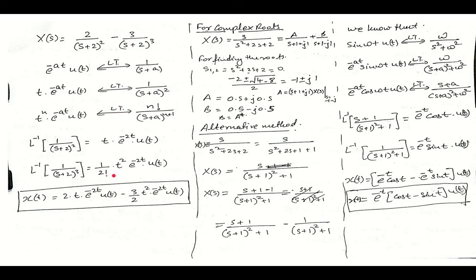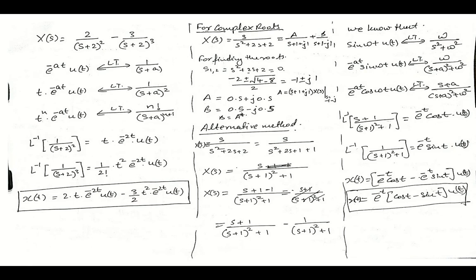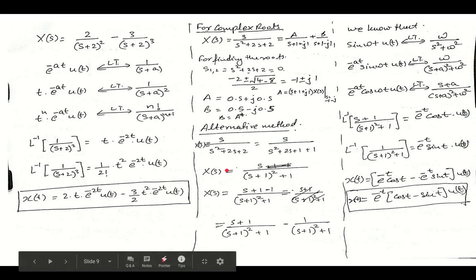Now 2 factorial is basically 2 only, so 3 upon 2 t square e to the power minus 2t ut. So this is our inverse Laplace for multiple poles.